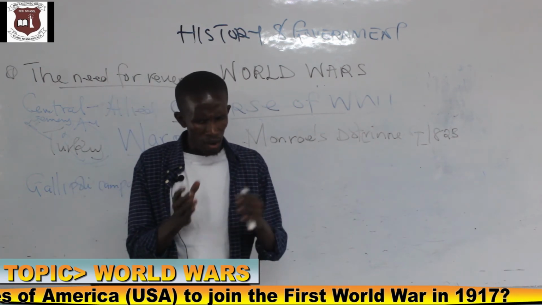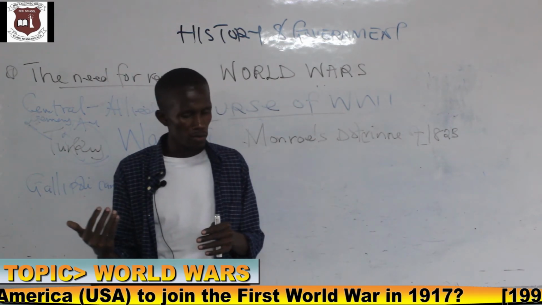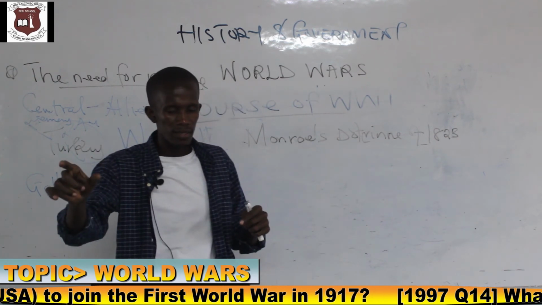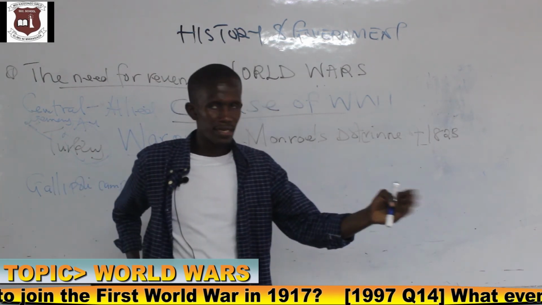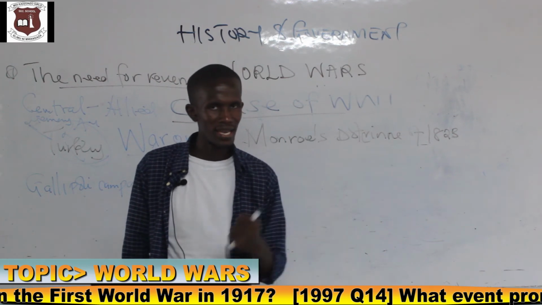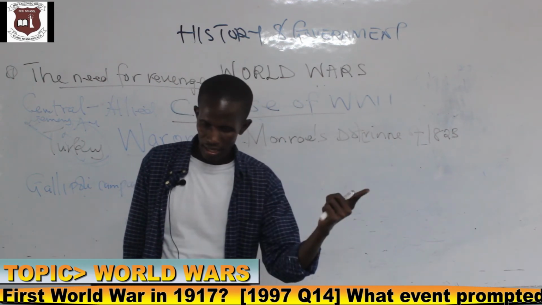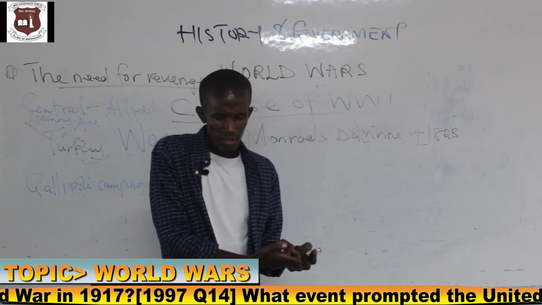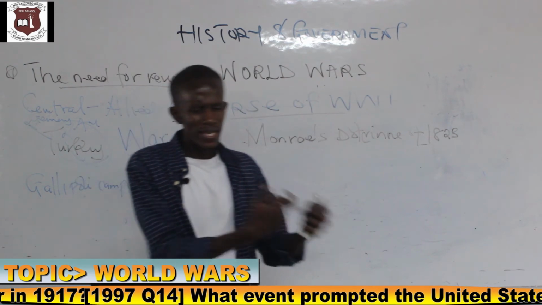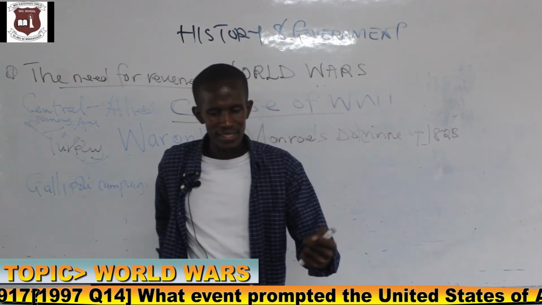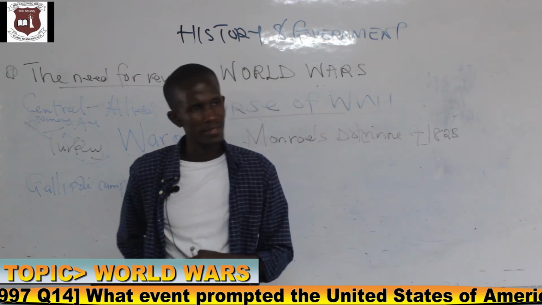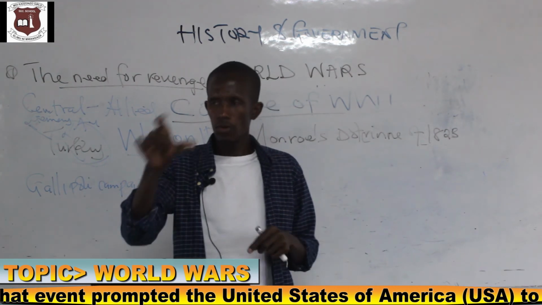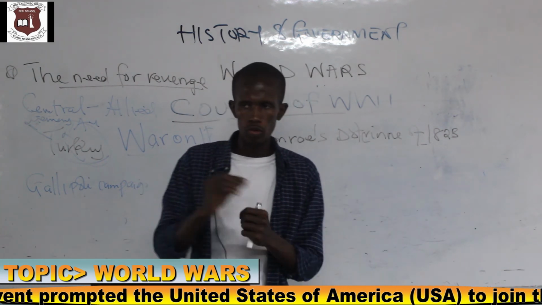Now, Arthur Zimmermann, who was a German foreign affairs minister, sent a secret telegraph to the Mexican government, urging the Mexicans to forge an alliance with the Germans and attack the US from the south in case the US joined the Allied forces. So this annoyed the United States of America, and this also prompted them to join the Allied side.